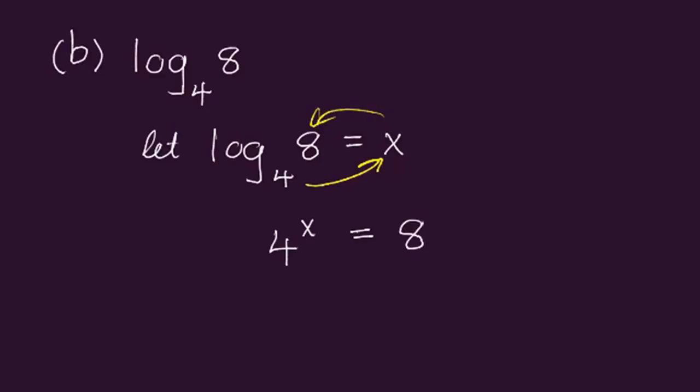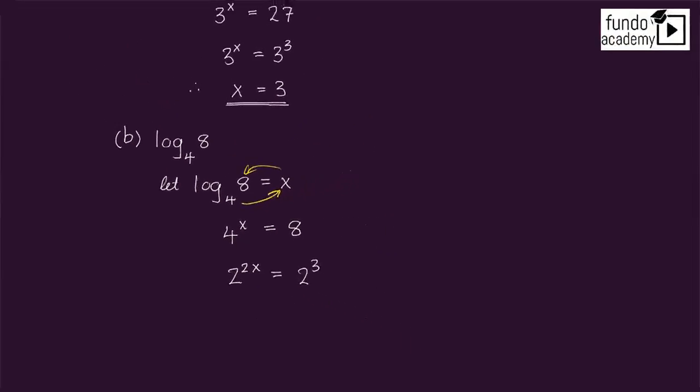Expressing both sides to have the same base, we can use the base 2. So we know that 4 is 2 to the power of 2, and we have an x right there. And 8 is 2 to the power of 3. That's 2 cubed, which therefore means that automatically our powers will be equal. 2x is equal to 3.